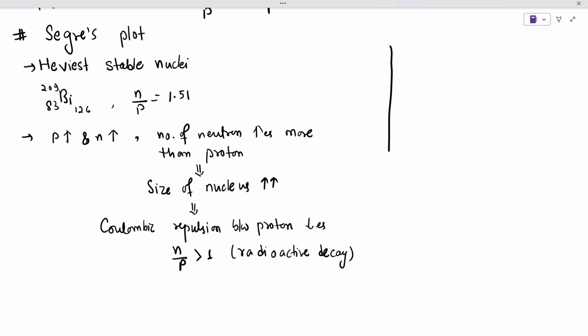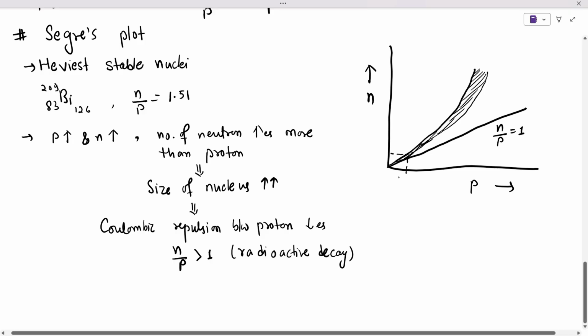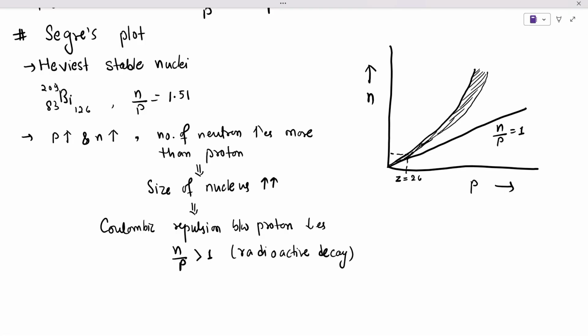We can draw Segre's plot. In y-axis we have number of neutrons and in x-axis we have number of protons. For stable nuclei, neutron by proton ratio is 1, so we get a straight line. This stability plot only follows up to Z equals 20. Above Z equals 20, meaning atomic number greater than 20, the stability belt comes up to 1.56.